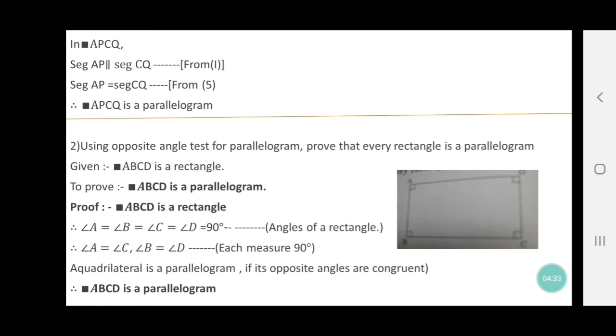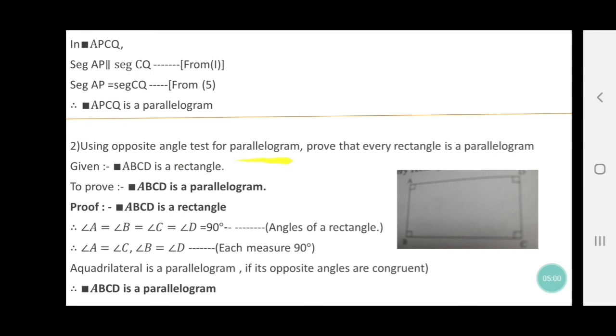Now we move on to the second problem. Using the opposite angle test of a parallelogram, prove that every rectangle is a parallelogram. Given: quadrilateral ABCD is a rectangle. We have to prove that quadrilateral ABCD is a parallelogram using the opposite angle test.